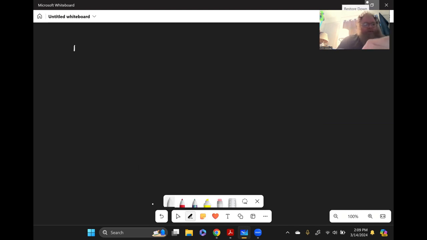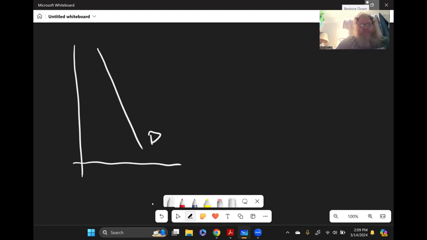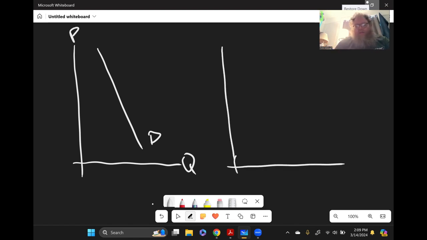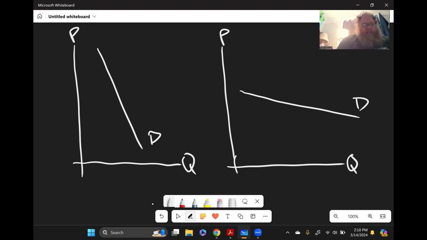So, for example, let's say we have very steep demand here for a good, and then we have very non-steep demand for a good here. And then let's just change price. So we'll keep the change in price roughly the same. Try to at least.